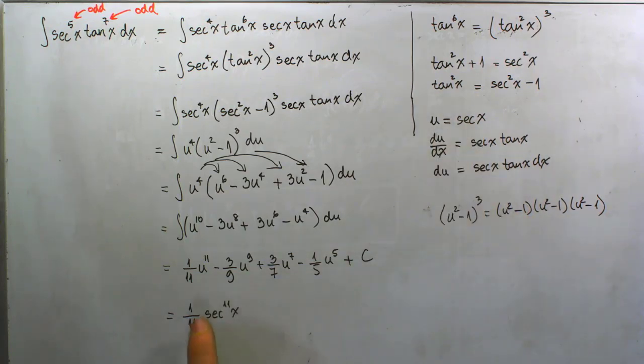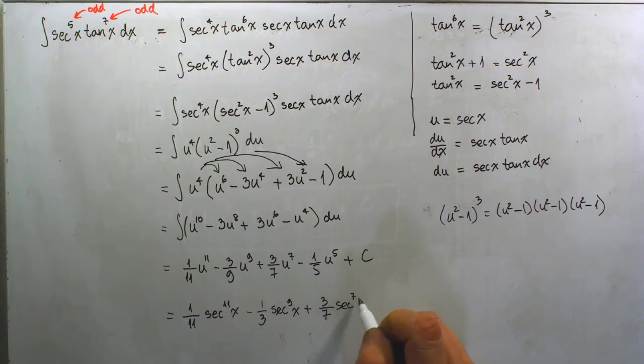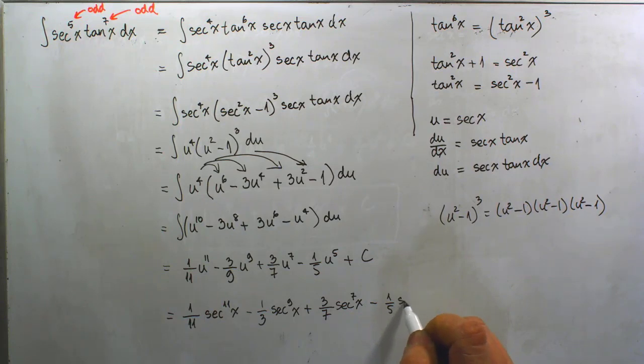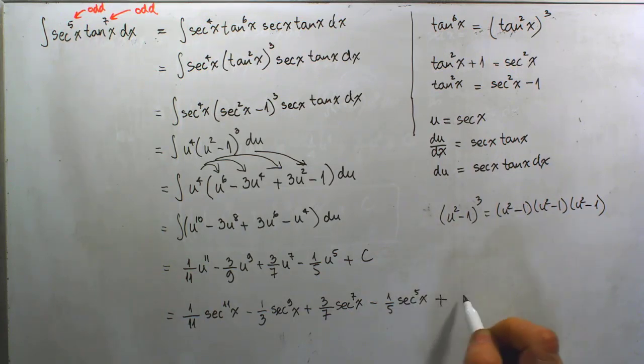So 1 over 11 times secant to the 11th, minus, now 3/9 from the previous step will become 1/3 secant to the 9th of x, plus 3/7 times secant to the 7th of x, minus 1/5 times secant to the 5th of x, plus c.